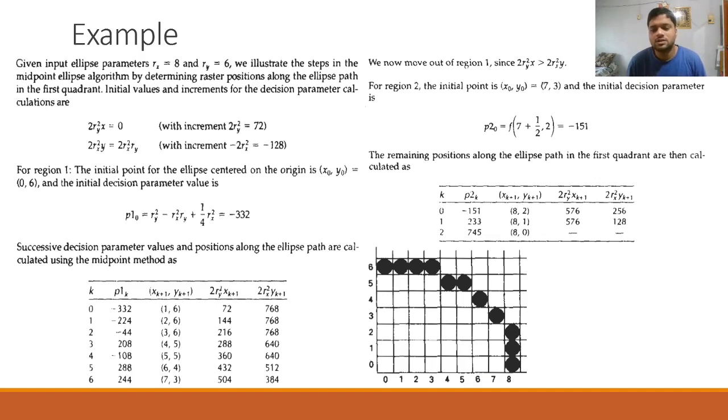Since we also have to translate the center of the ellipse from the coordinate origin to the specified point xc comma yc, we do this simultaneously 4 times throughout the program. After this we will see the C program for the ellipse generation using the midpoint ellipse algorithm.